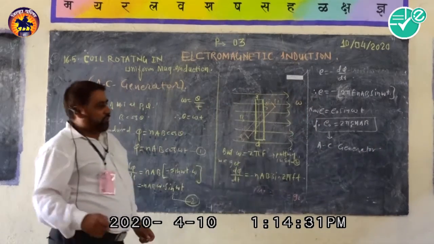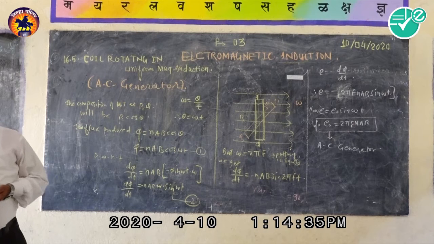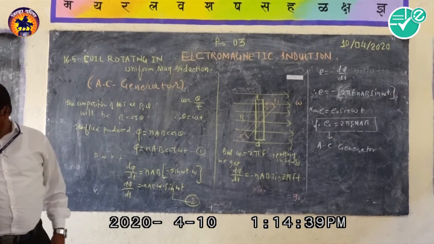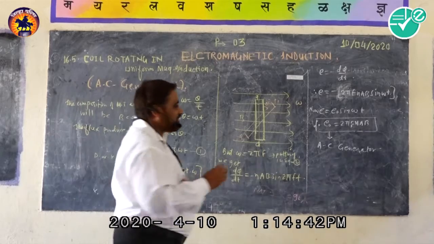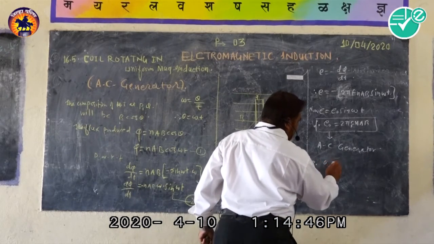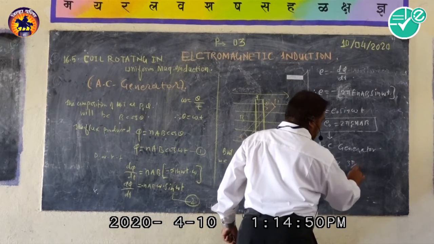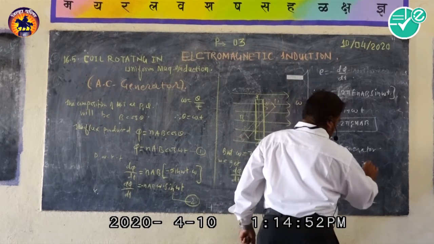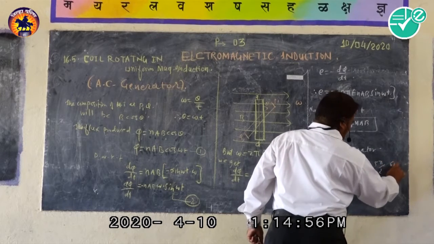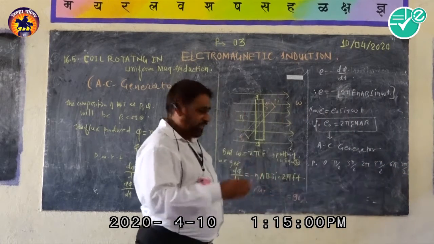If we plot a graph of the change of phi, we get 0, pi by 2, pi, 3 pi by 2, 2 pi and 5 pi by 2. In this way the phase angle is changing.